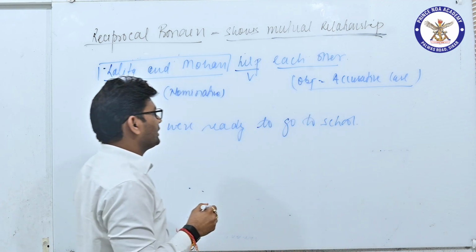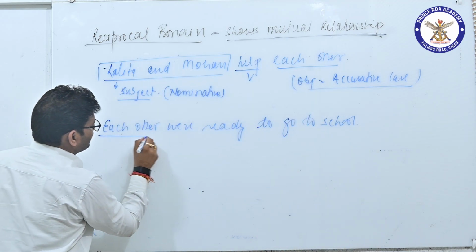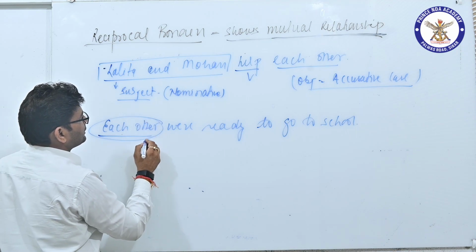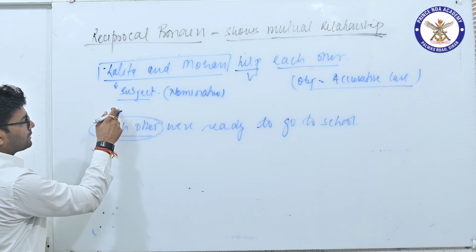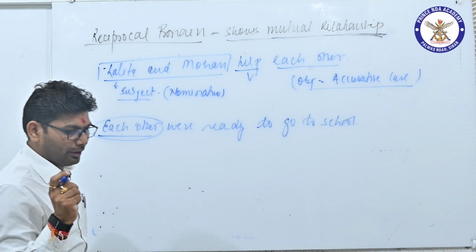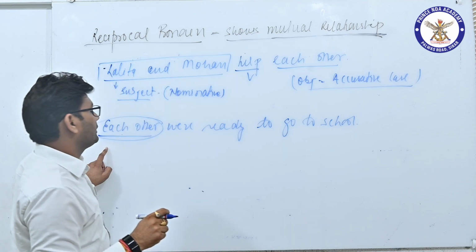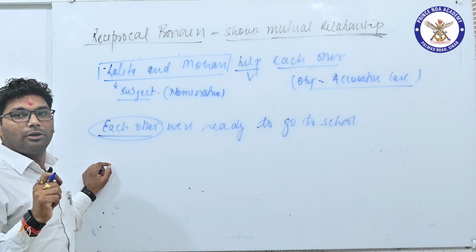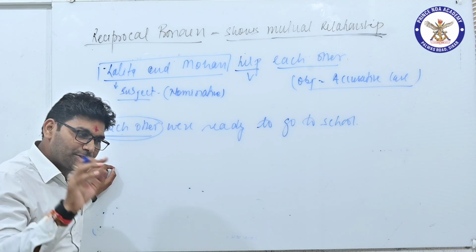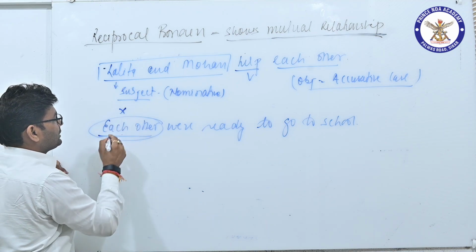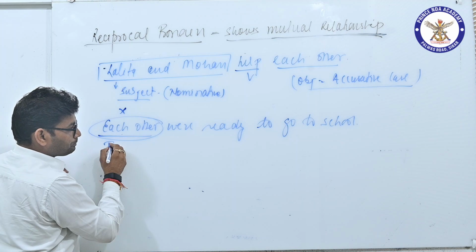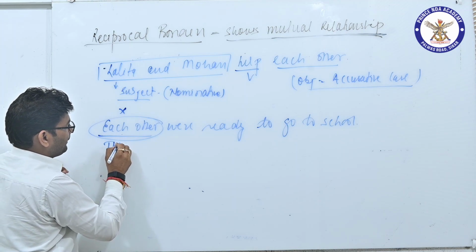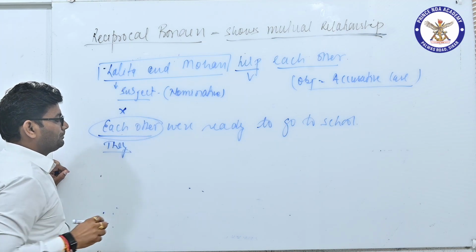Look, this sentence is wrong because each other has been used as nominative case or subject, and we cannot use each other as subjective case. So we have to remove it and use they instead of each other.